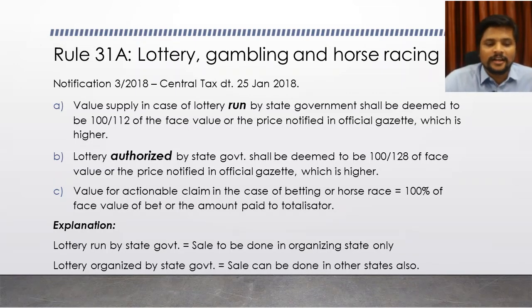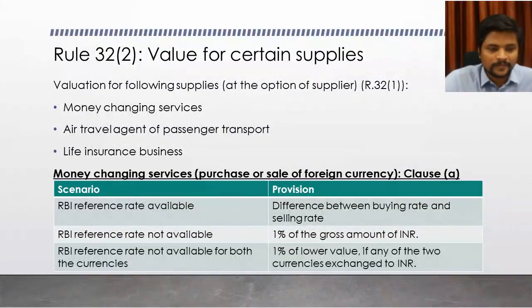Next we are entering into Rule 32. Rule 32 is the value for certain types of supplies. Valuation for the following supplies is at the option of the supplier. What are all the types of supplies provided under Rule 32 is what we are going to see here.